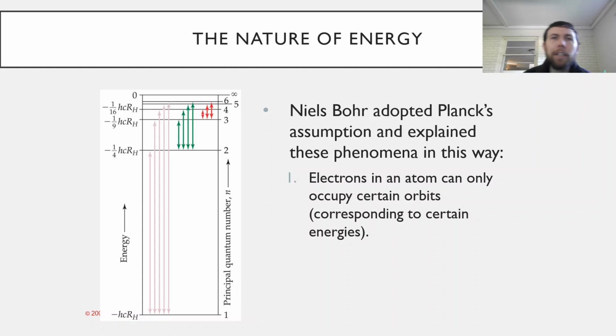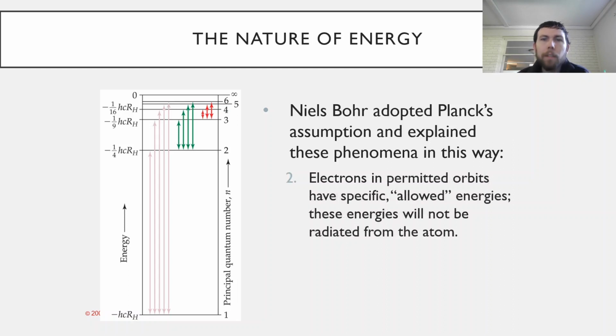And so you think about your first, second, third energy level, or the first, second, third ring going around your atom, right? And so electrons can only exist in those orbits. They're not going to exist anywhere in between, but they're going to be in one of those orbits, one of those corresponding energies, right?